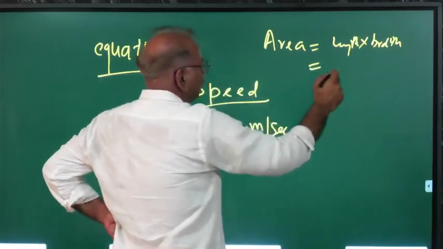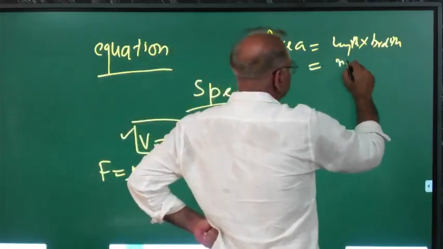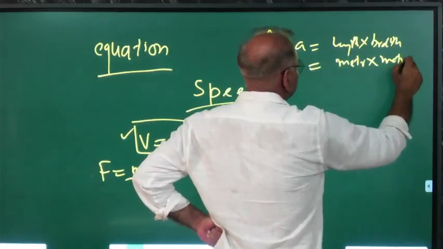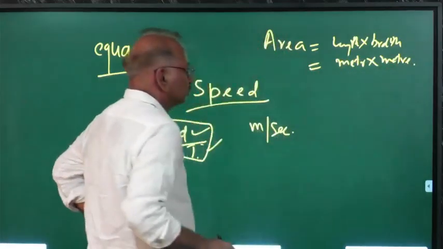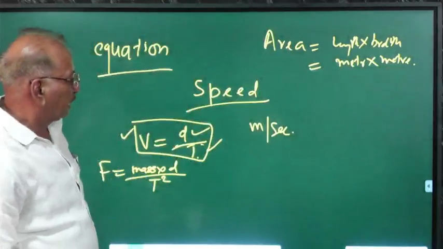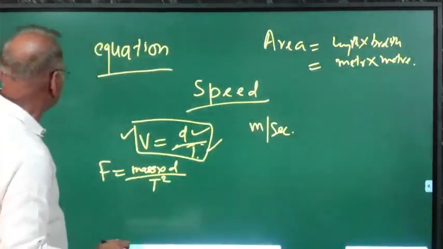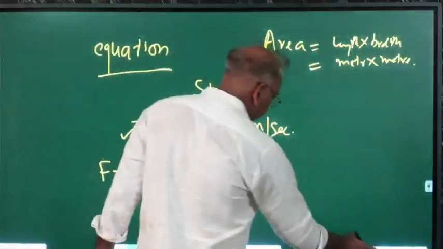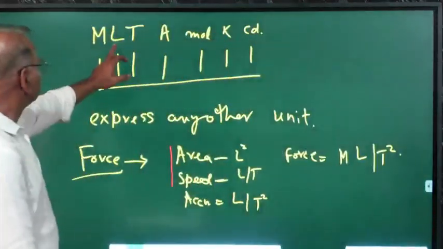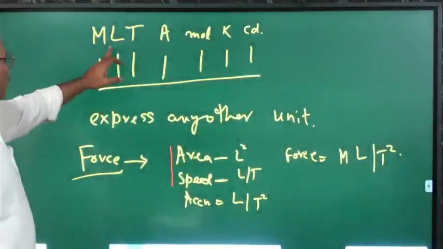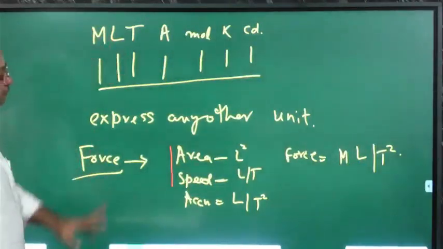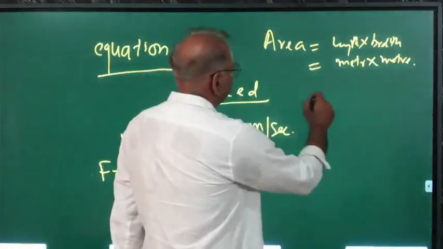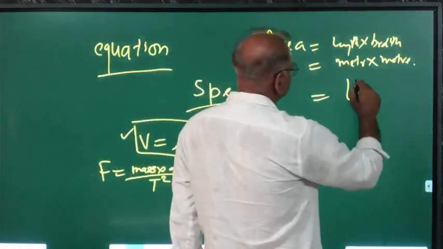Both are measured in meters. So it has dimension L squared. It is measured with only the help of length, and it has double power of length.